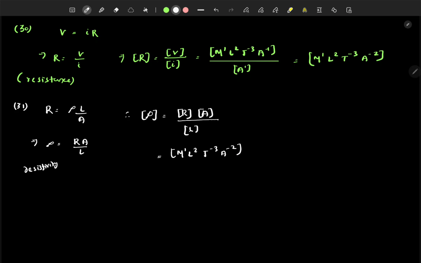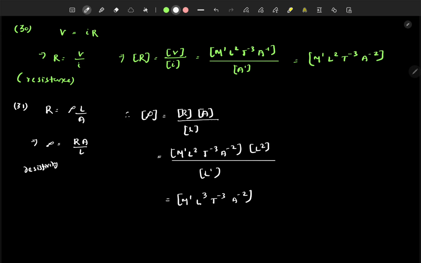Next, area of cross section is L2 divided by L means L1. So the final answer is M power 1, L power 2 plus 2 is 4, 4 minus 1 that is 3, then T power minus 3, A power minus 2. That is the dimension of resistivity.